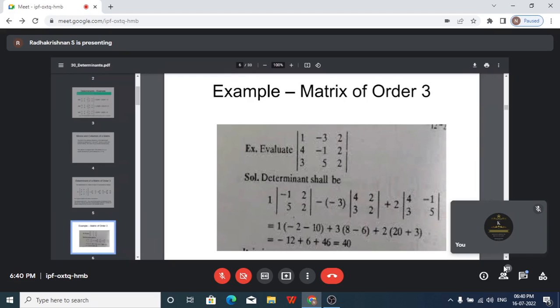Again, next you put plus 2 into, because 2 is the third element in the first row. So now you cut out that row and column where the 2 lies. So whatever remains is 4 minus 1 3 and 5. So evaluate that, so you get the value of the determinant. Okay. So this is how you calculate the value of the determinant.